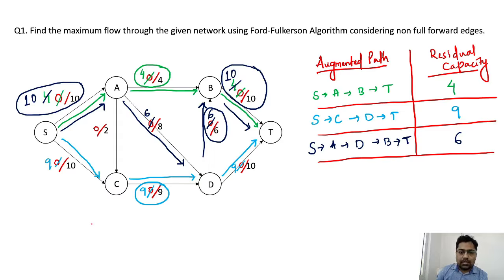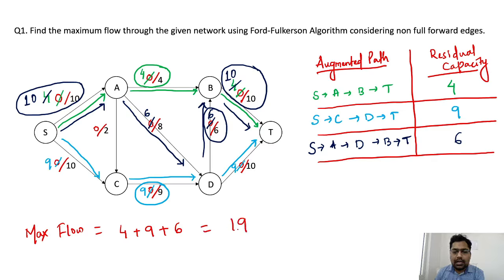Clear? Once we stop, to find the max flow or maximum flow, the answer is the sum of all the residual capacities which you have collected: 4 plus 9 plus 6, total is 19.